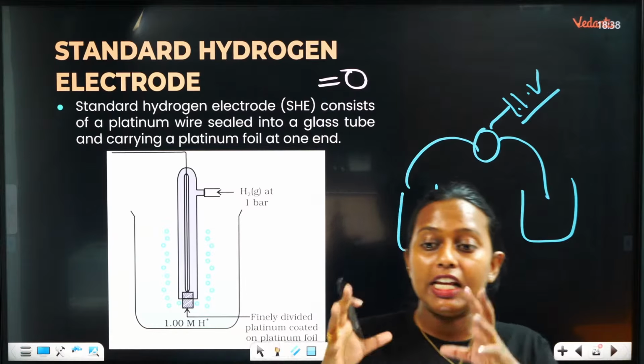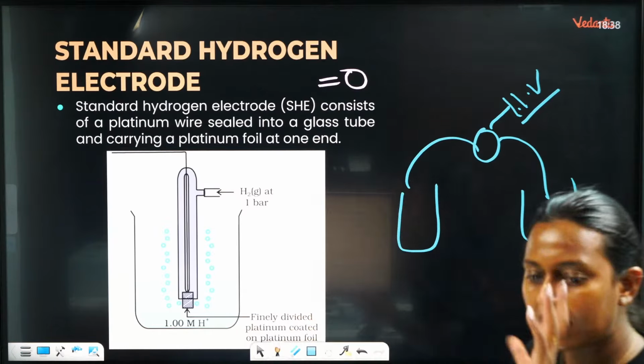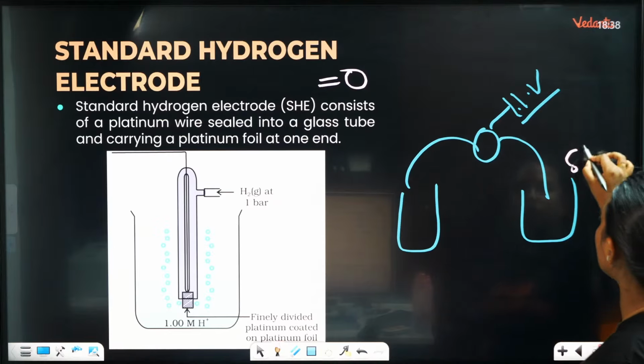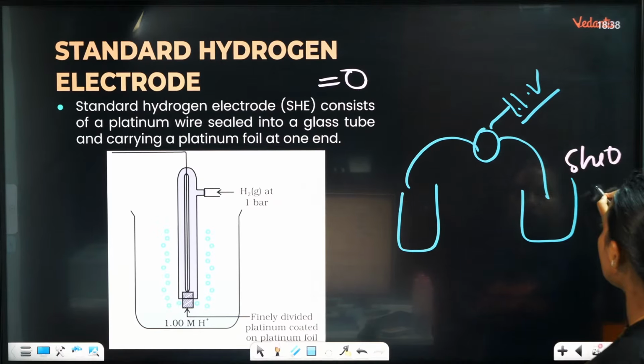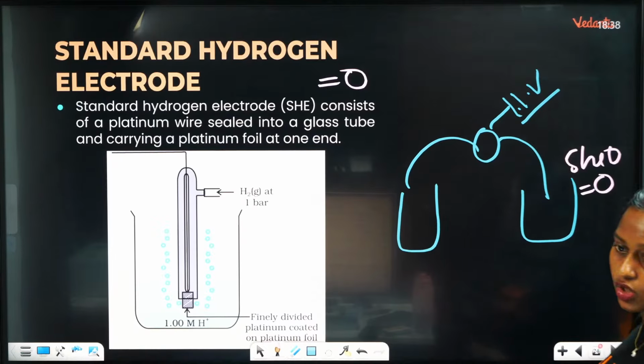Just assume this is SHE, and its electrode potential we are assuming is 0.